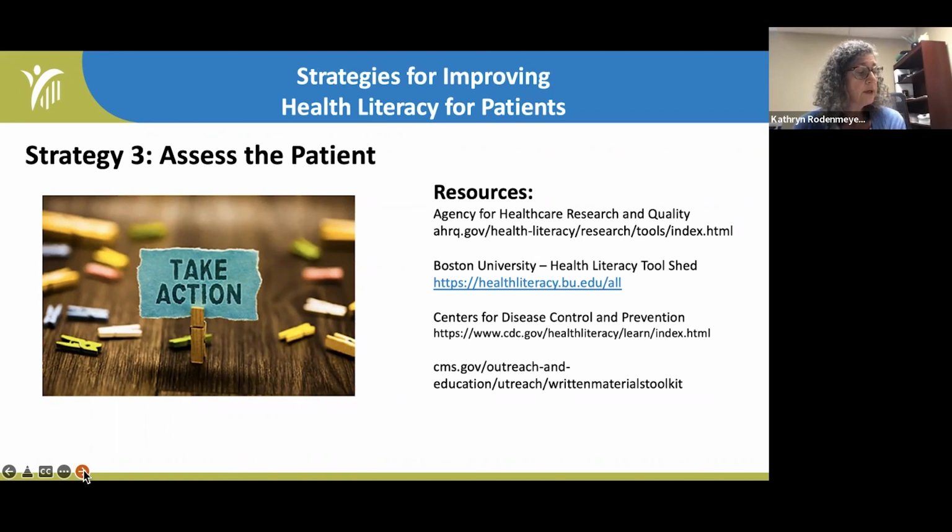The one is pretty long and intensive, and the other is shorter. And then there's another instrument called the Rapid Estimate of Adult Literacy in Medicine. The CDC, CMS, and HHS sites also have resources. Please keep in mind that patients also may need language assistance or assistance in filling out these forms or assessments that you may want to use. So just keep that in mind as well.